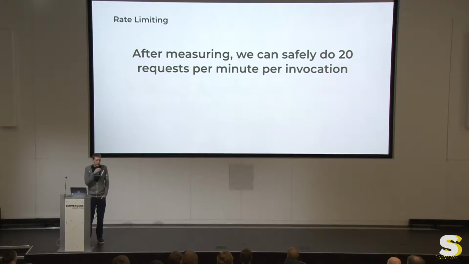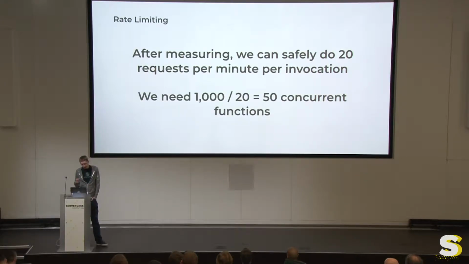So we measure a little bit, and we realize that we can safely do 20 requests per minute per invocation of a function. A little more simple math: we need to be able to run 50 concurrent functions. So how do we make sure that we're only running 50 concurrent functions and not 200, let's say?